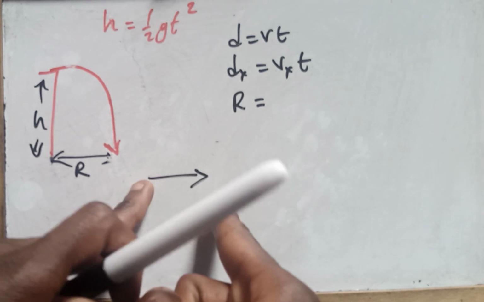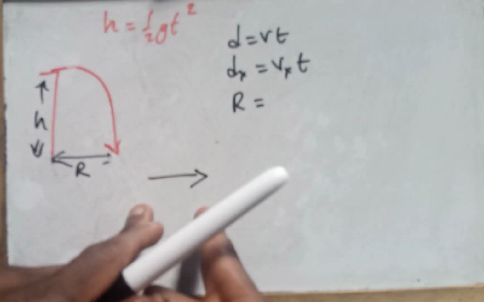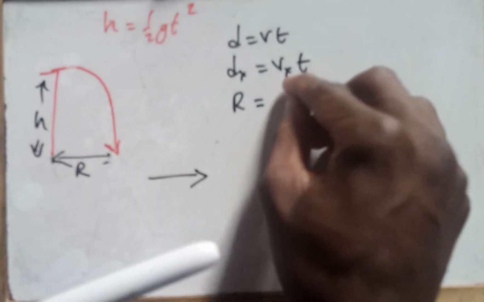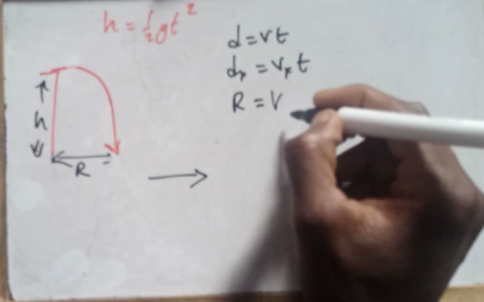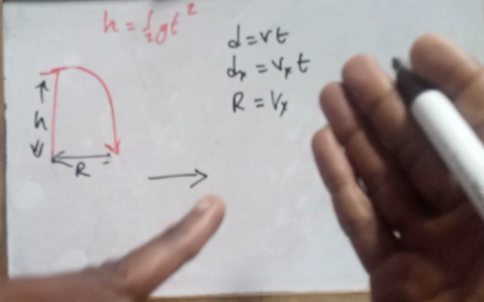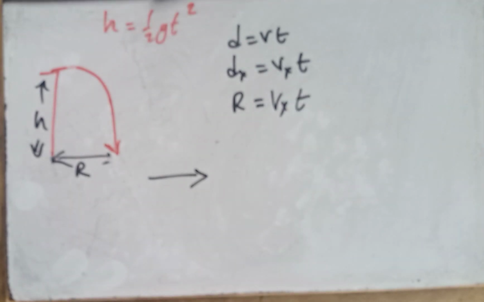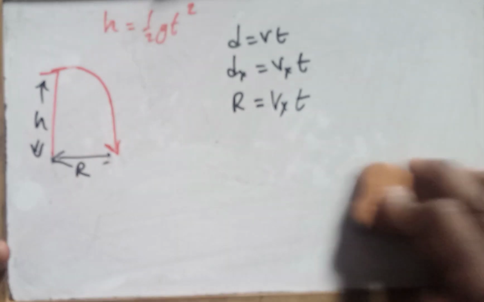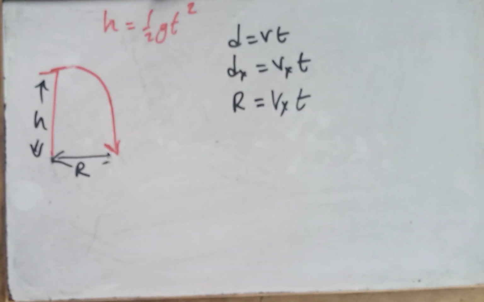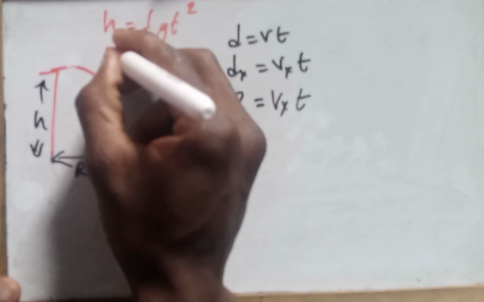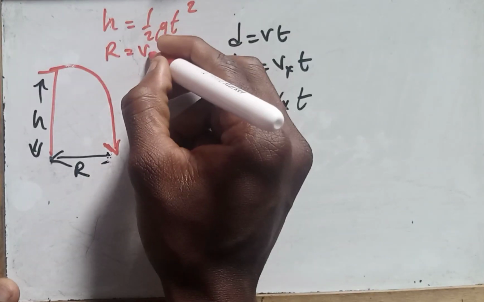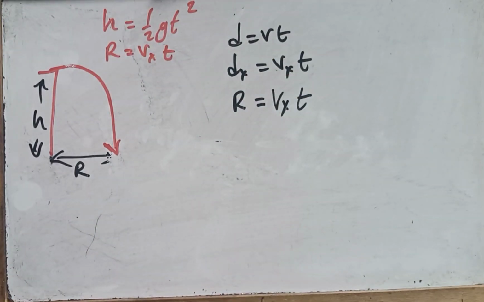We plug in that same velocity, still named v in the x-axis, and multiply it by t. This is the equation we use when calculating the range. I'm also going to write it here: range is equal to v in the x times t.